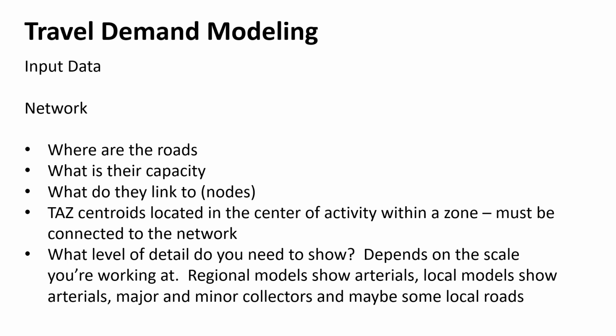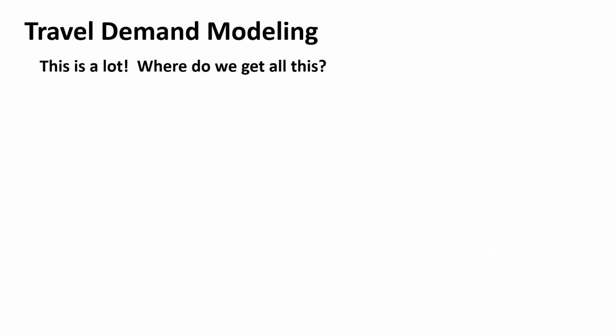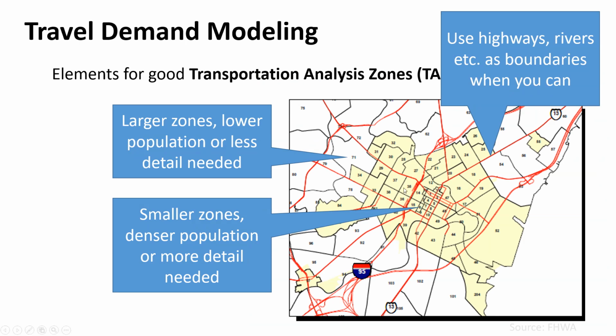The other things we need to know is where are the roads, what's the capacity of the roads, what do they link to, right? So if we go back to this TAZ description and showing our analysis zones, one of the big pieces in here is where are the roads and what are they linking to.